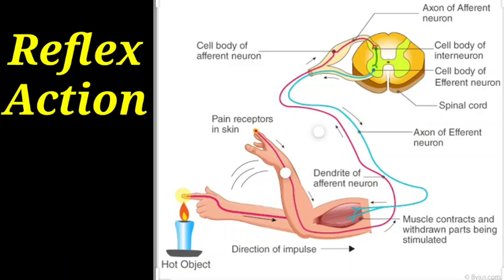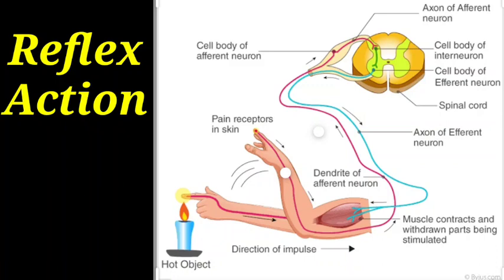So in all the 3 situations, they are just protecting the finger from fire. The impulse from skin to spinal cord is sent via sensory neurons. They are carrying the impulses from skin to the spinal cord.